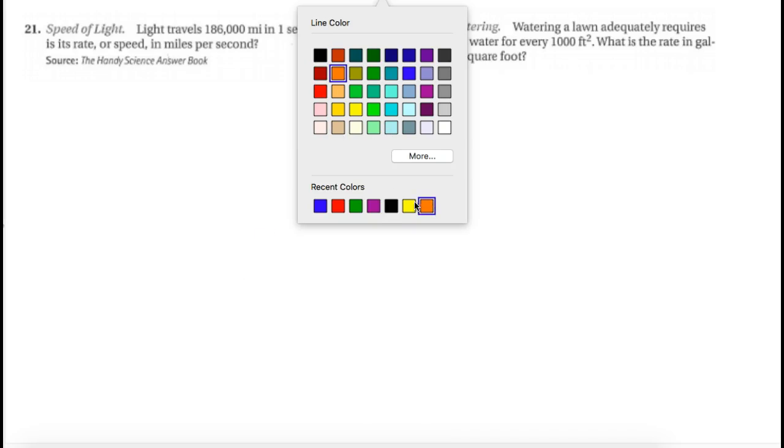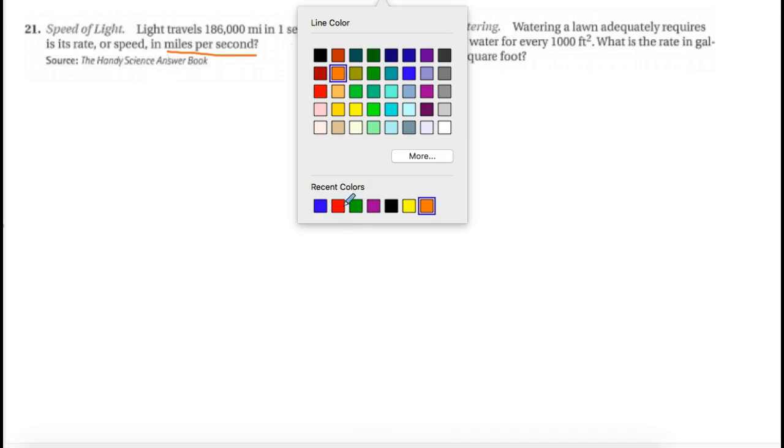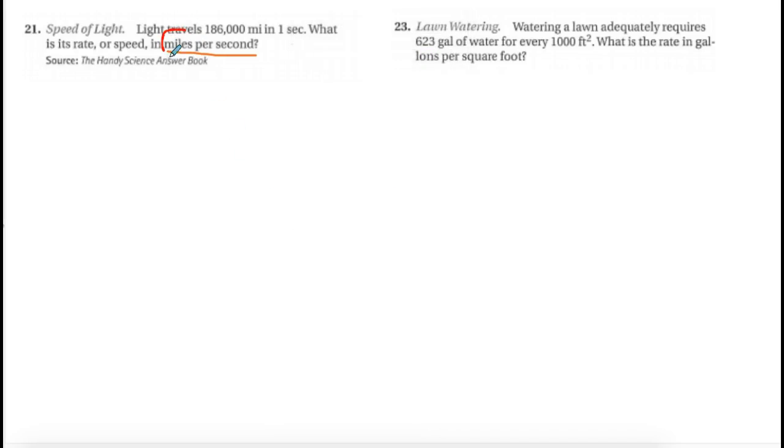Okay, so let's solve a couple more word problems. Here we go. What is the rate or speed in miles per second? We go and do some investigating. Miles, that's my first quantity. Here's miles. MI is the same thing as miles. That number is 186,000.